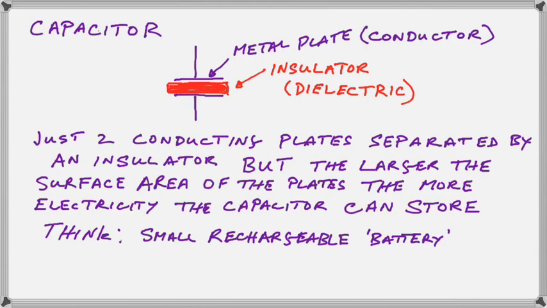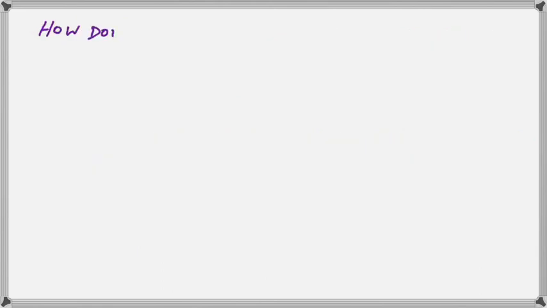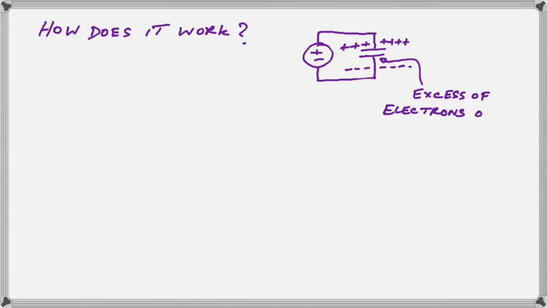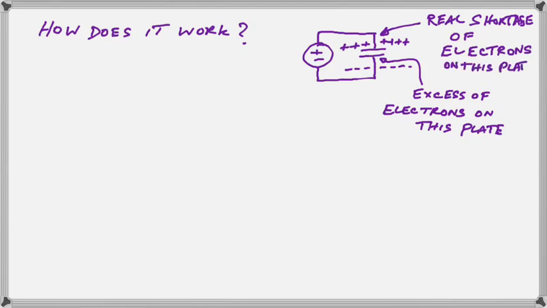So then we have to ask ourselves, how does it work? How does it manage to store this wonderful charge that we're telling you about? Well, it happens because the battery or electrical source that's connected to the capacitor is sort of forcing or pumping the electrons we've been talking about in previous lectures.